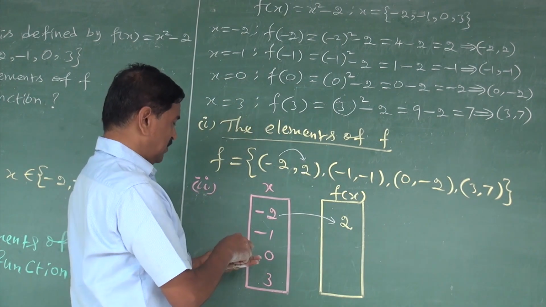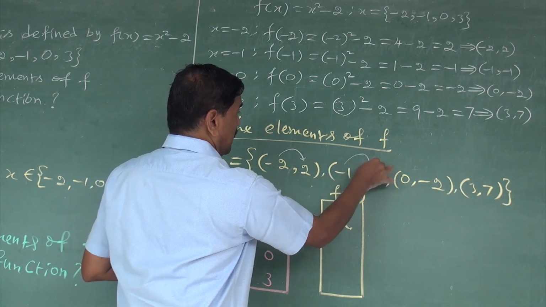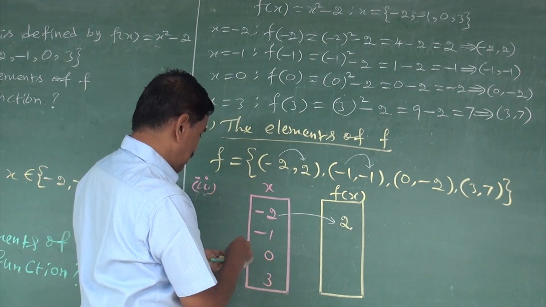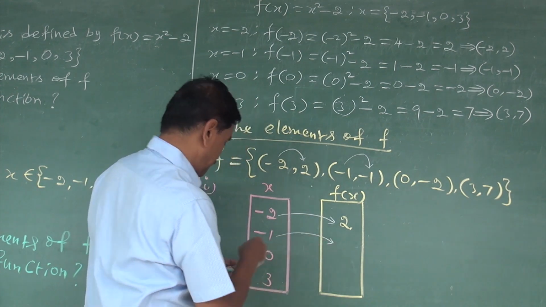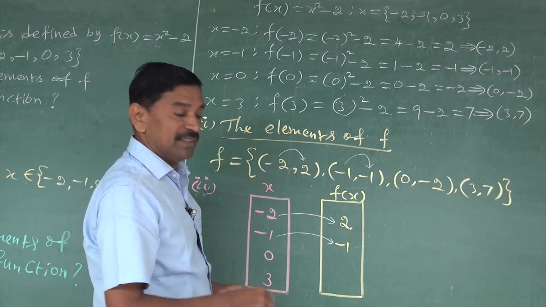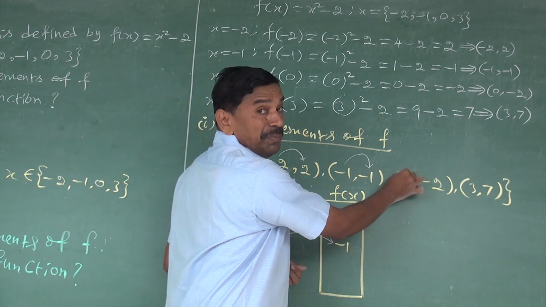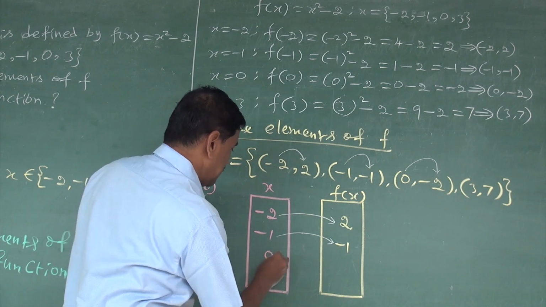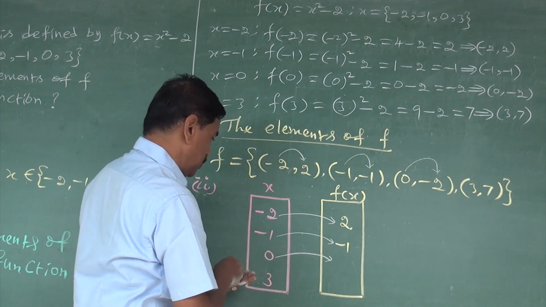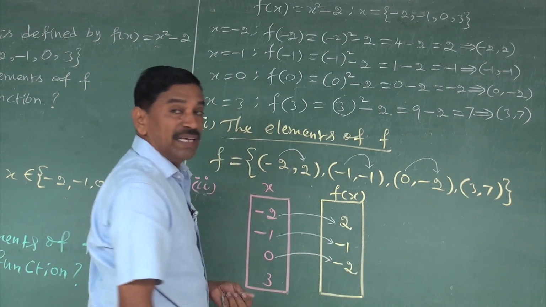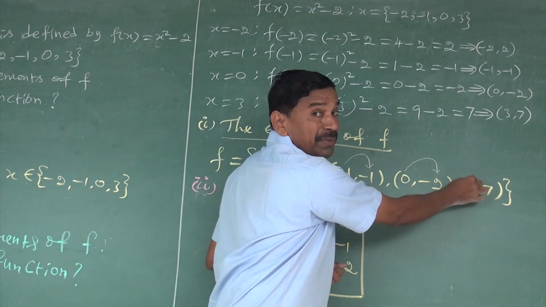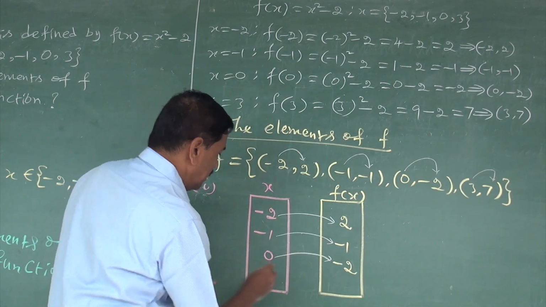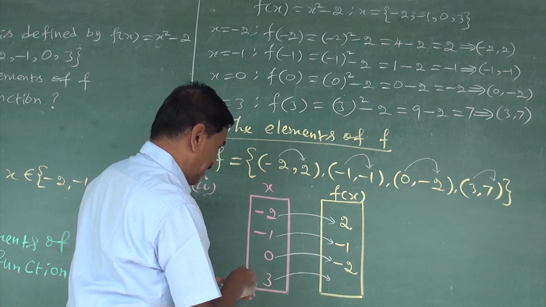Next, minus 1's image is minus 1. Next, 0's image is minus 2. Next, 3's image is 7.